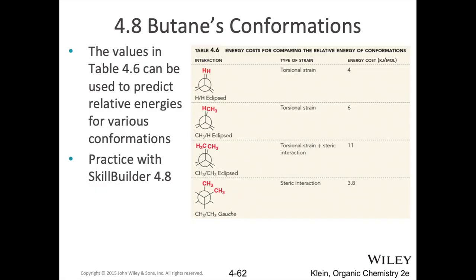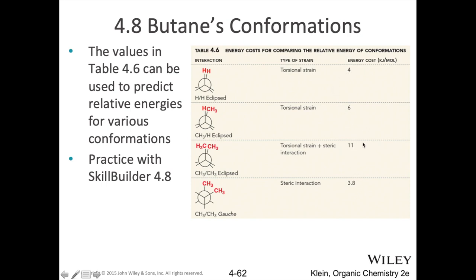Just plugging in the last few examples, as we increase the size of the groups that are eclipsed, and compare an eclipsed conformation versus a gauche staggered conformation, we can see how the energy cost changes.